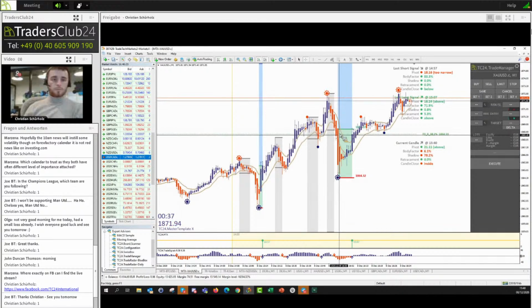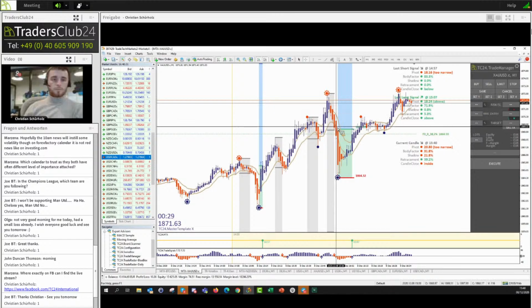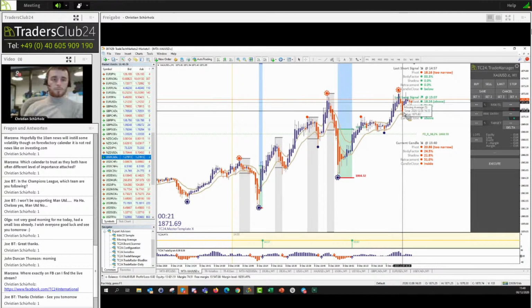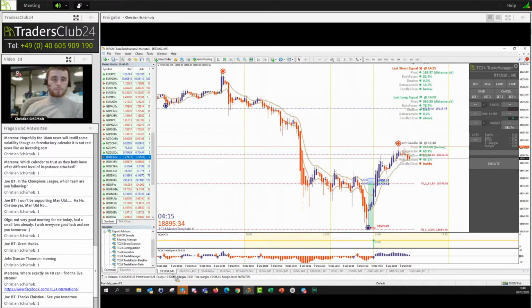So we're looking for something similar to this candle, this candle, or this candle. So we've got 3 good candles there. This was almost a very good signal candle, but we might see another one in the next few minutes or so. Bitcoin.